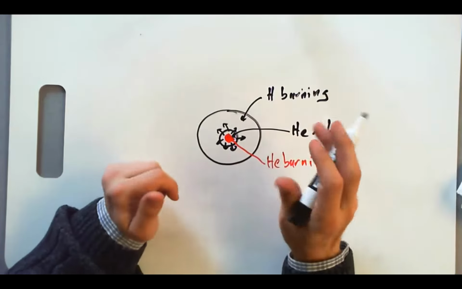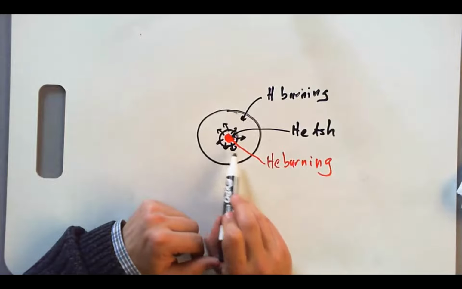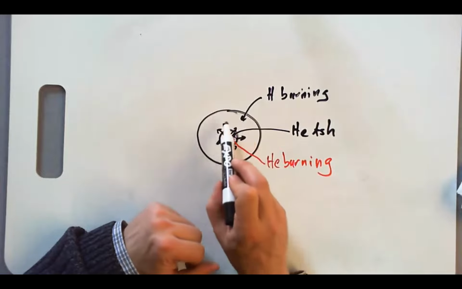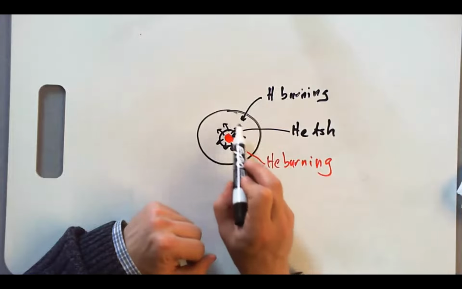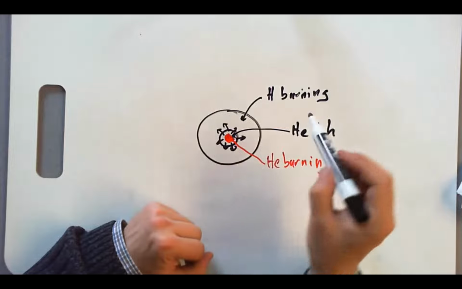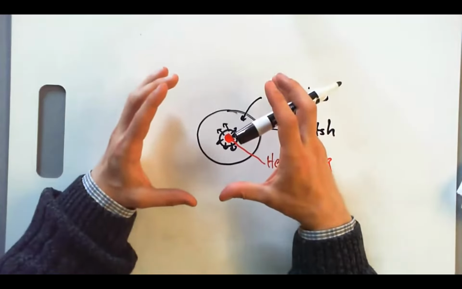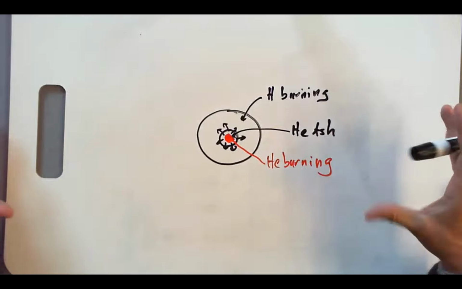So ironically, even though we just get a new source of energy in the center, this helium burning, the total amount of energy that's being generated in the center of the star goes down because most of it's coming from this hydrogen burning shell. And the fusion rates in this region actually go way down. So you're no longer generating as much energy, you're no longer pushing the outer parts of the star out as much.